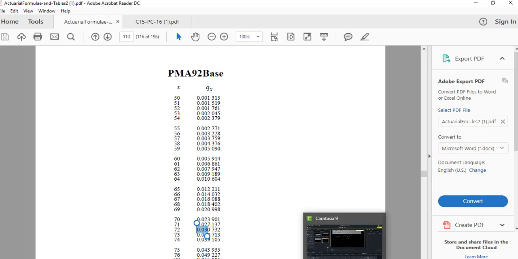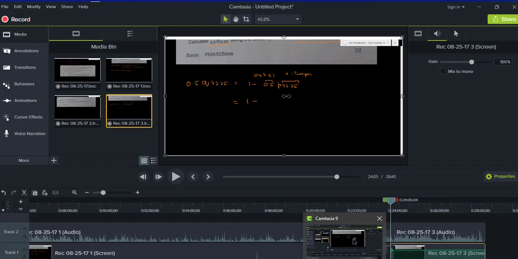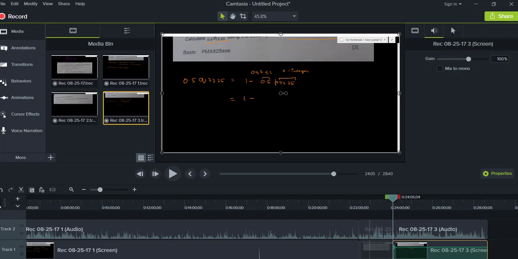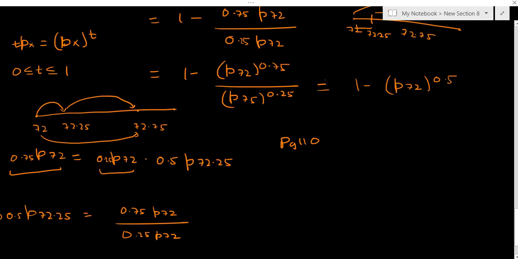So this would become 1 minus the q value, that is 1 minus 0.030732, to the power of 0.5.